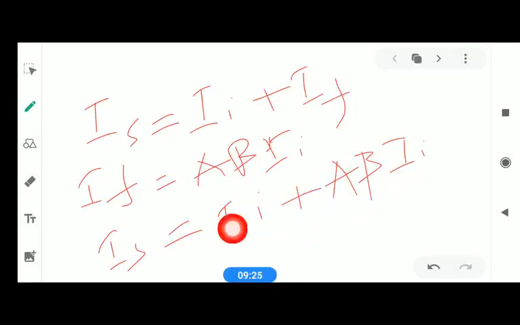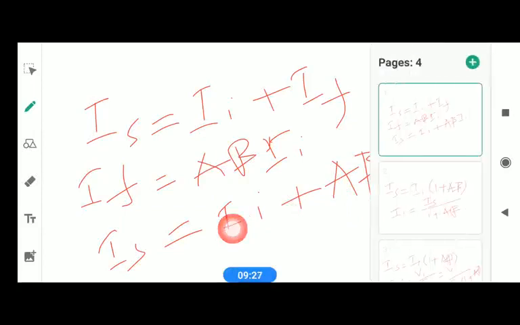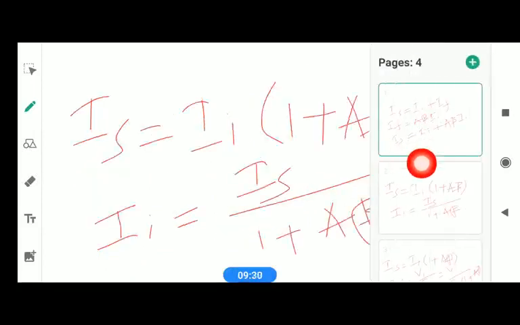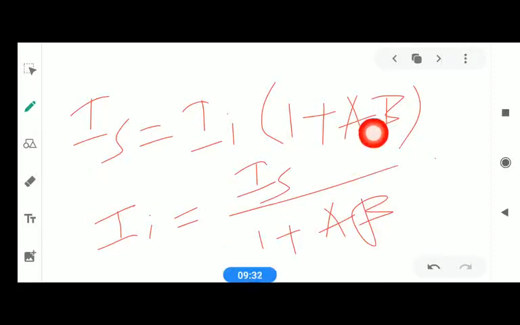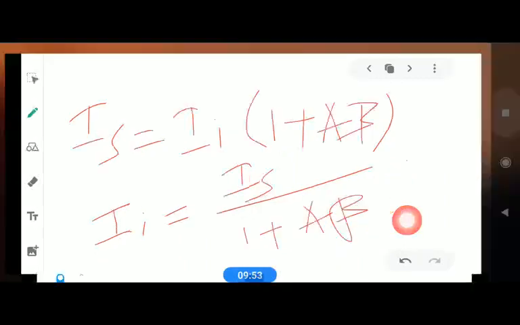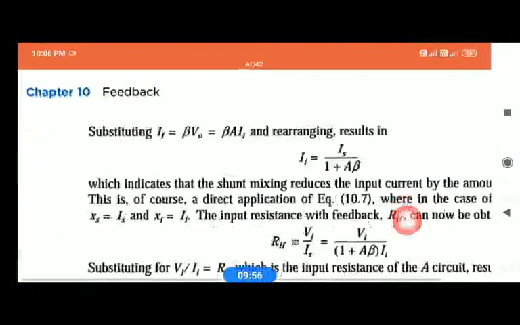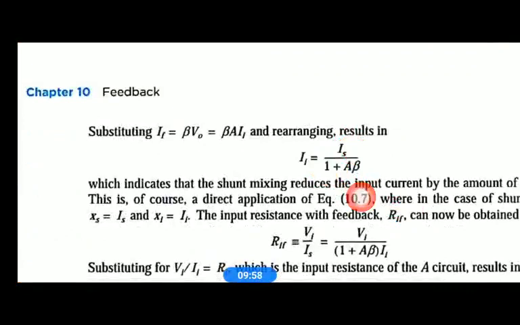Taking II common, we get IS is equal to II times the bracket 1 plus A beta. From this, taking 1 plus A beta to the other side, II is equal to IS divided by 1 plus A beta. So you can see in the equation here, II is IS divided by 1 plus A beta.